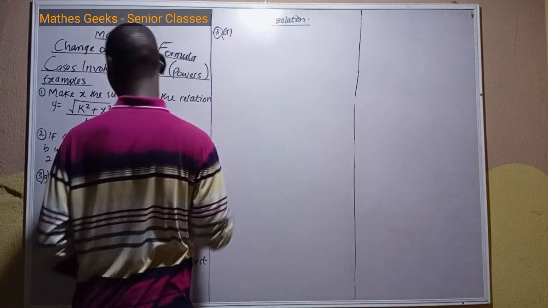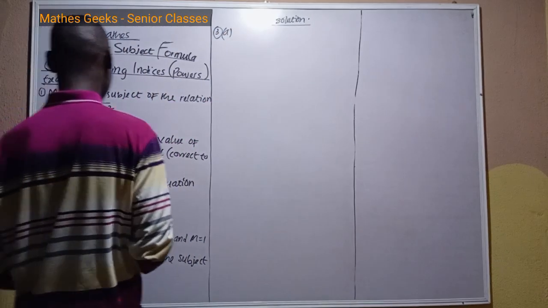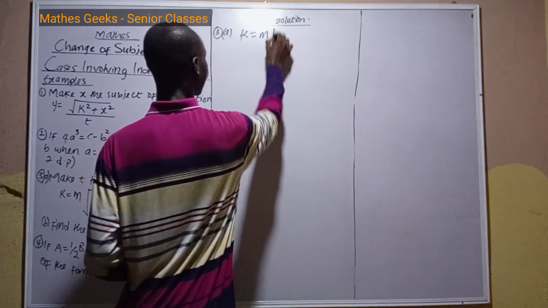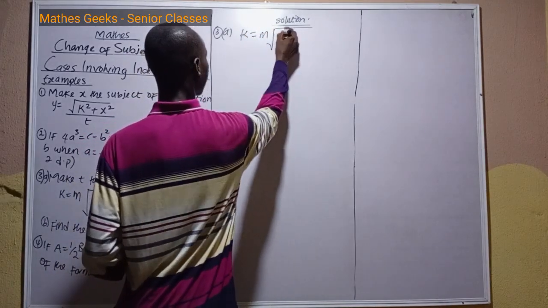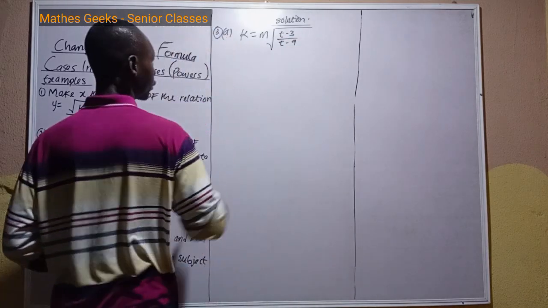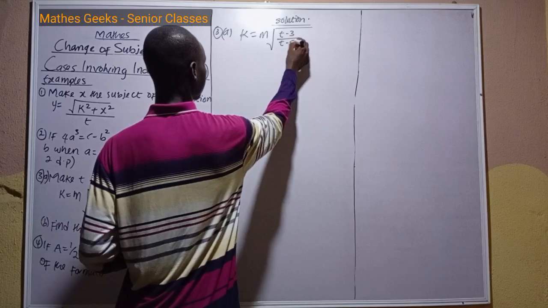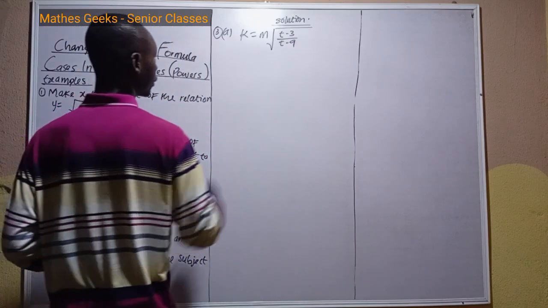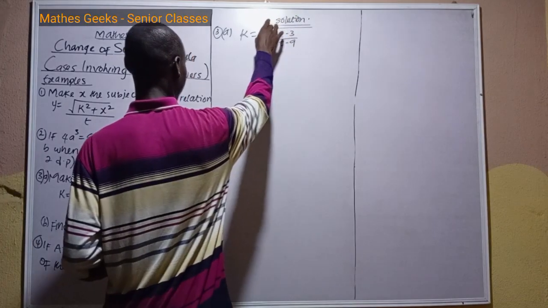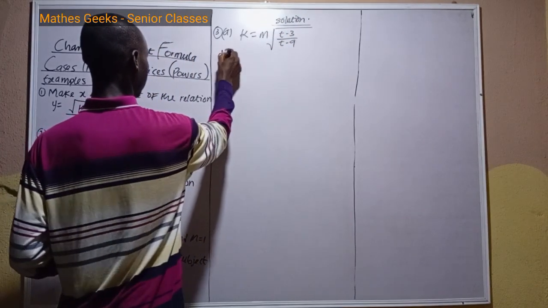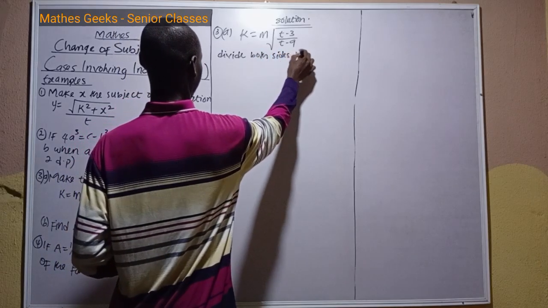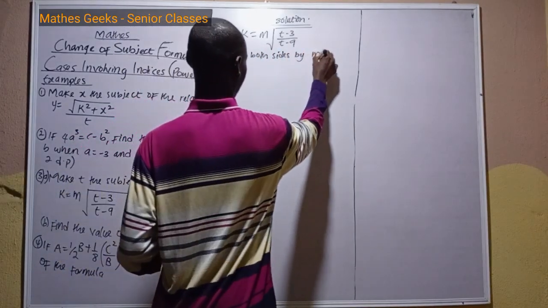Now, make t the subject of the relation: k equals n times the square root of (t minus 3) over (t minus 9). To make t the subject, the first thing to do is remove n from here. n is related to this part by multiplication, so we divide both sides by n.